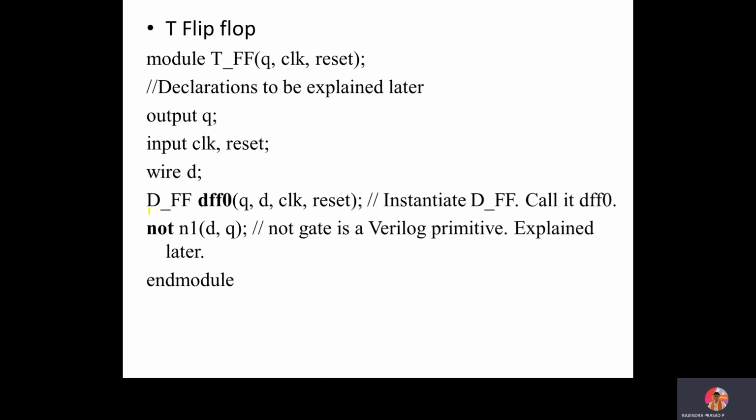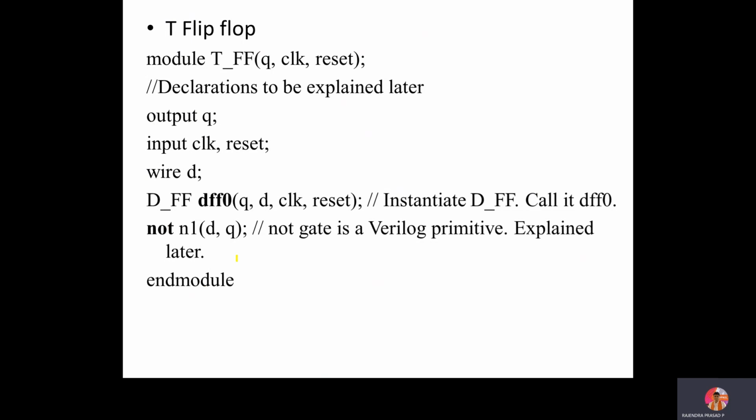So: wire, D flip flop DFF of 0, with Q and D as the outputs, clock and reset as the inputs. And one more gate which I have used is the NOT gate, where N1 is the name which I have given, D is the output, Q is the input, and then end module.